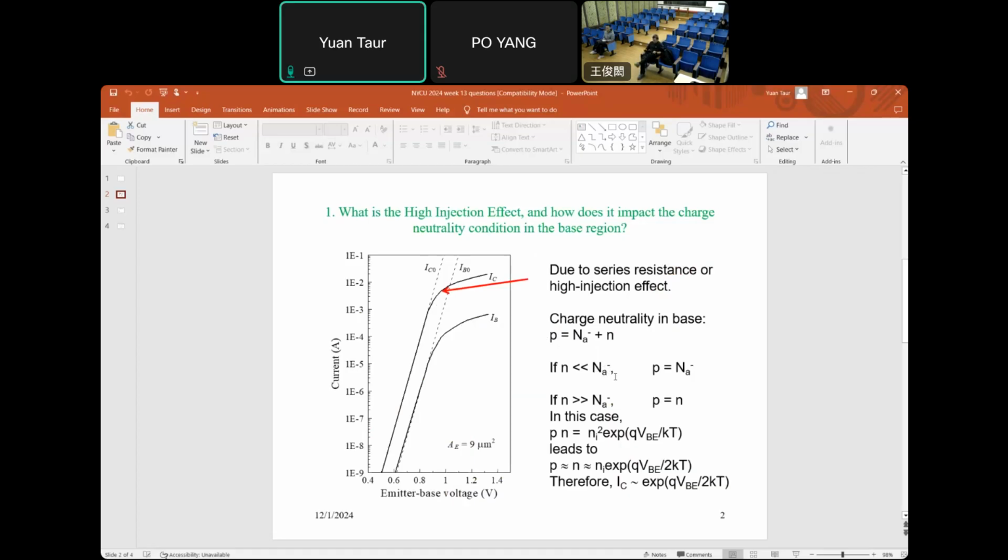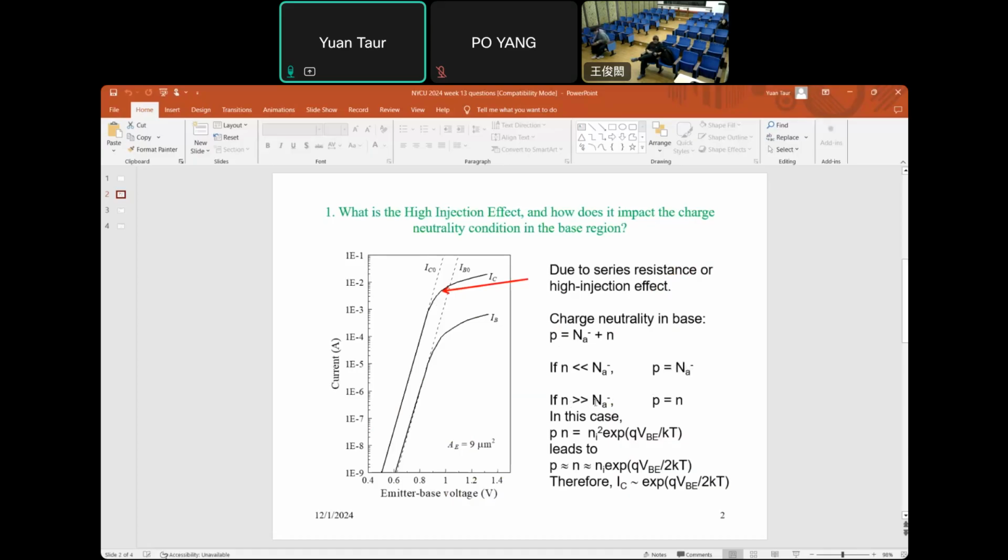Before high injection, the charge neutrality in the base is between the positive charge of the holes and the fixed acceptor atoms. In that case, the electron density is negligible compared with those two.